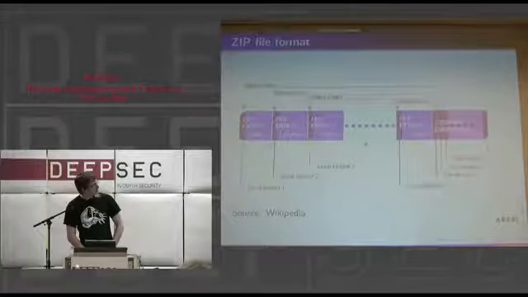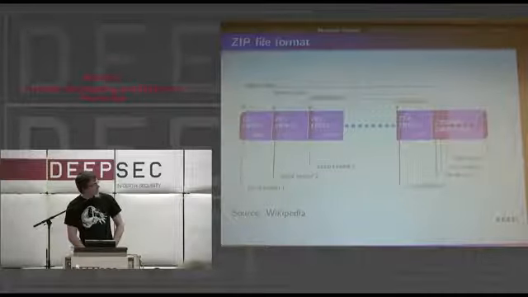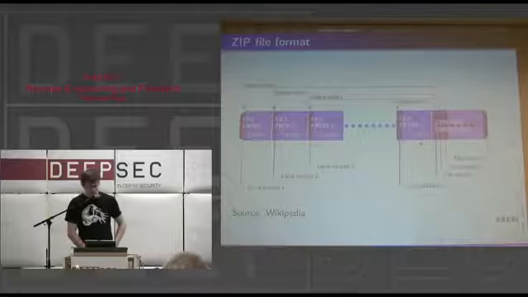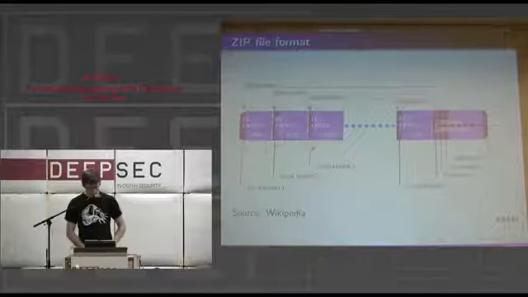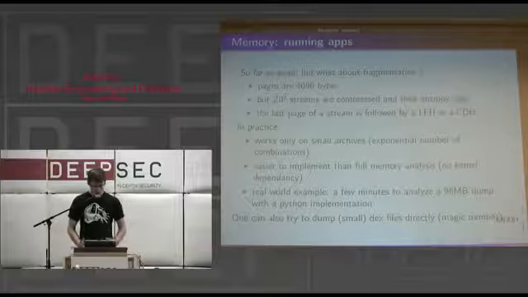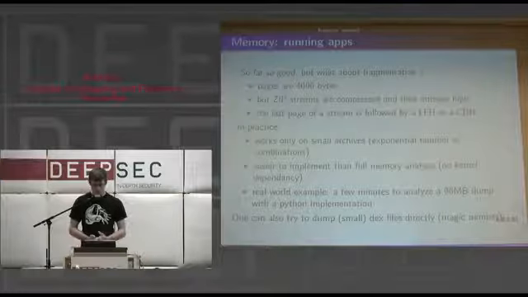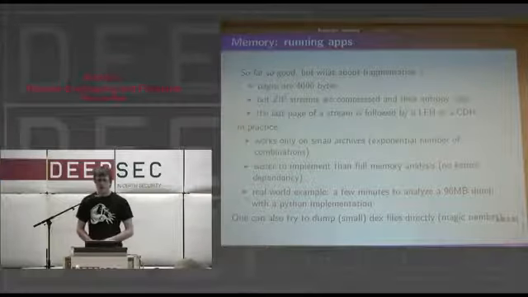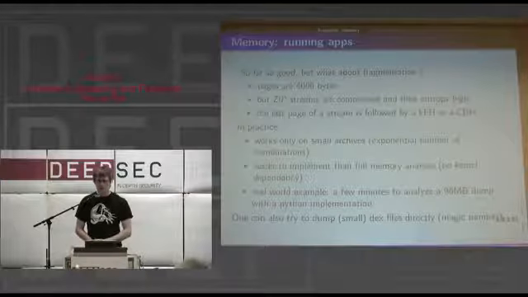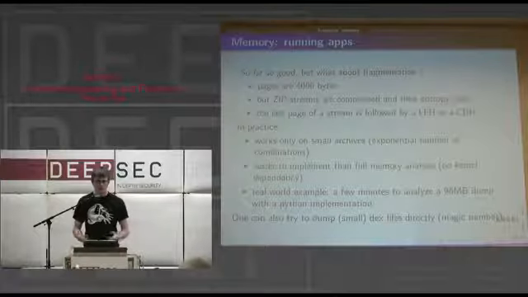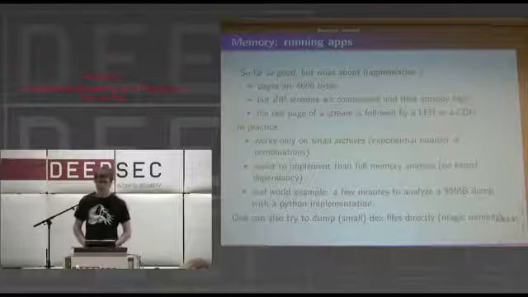So if you can find the central directory in memory, you have enough information with all the files to look for the local file headers in memory. And in practice, well, you have to care about fragmentation because, of course, the pages are 4 kilobytes and a zip file is not going to fit, an application is not going to fit in 4K.